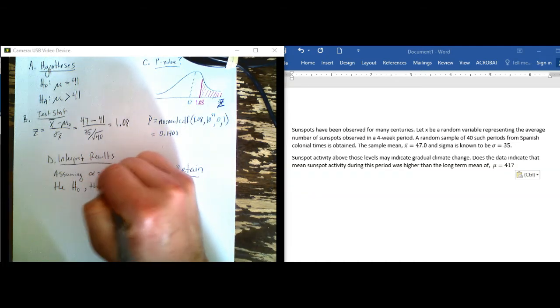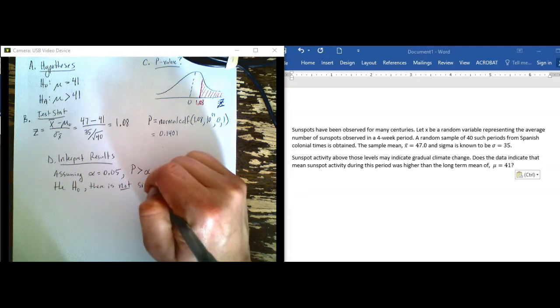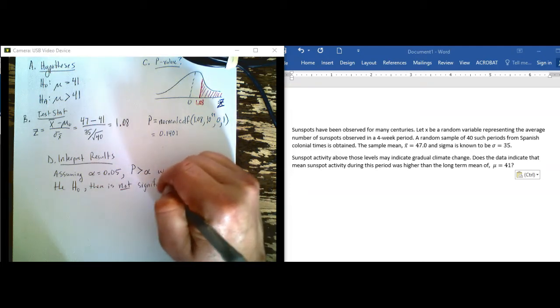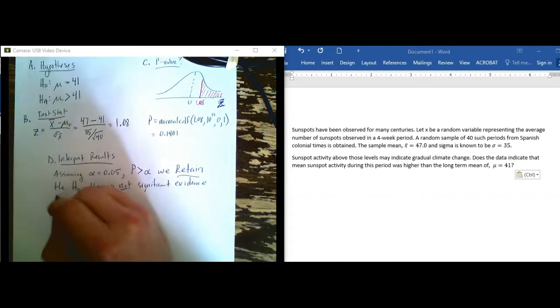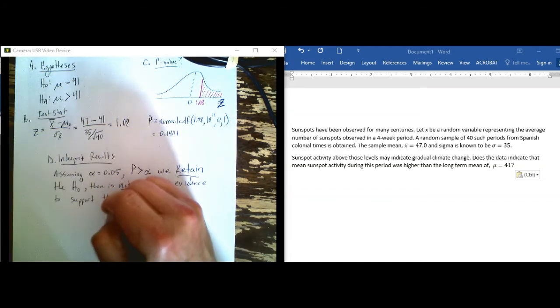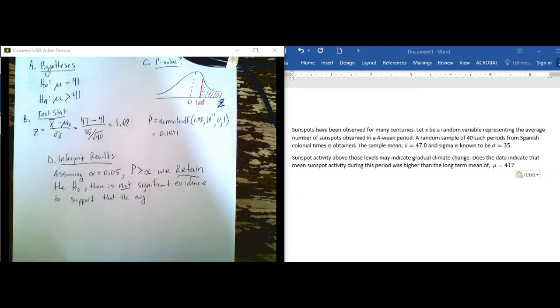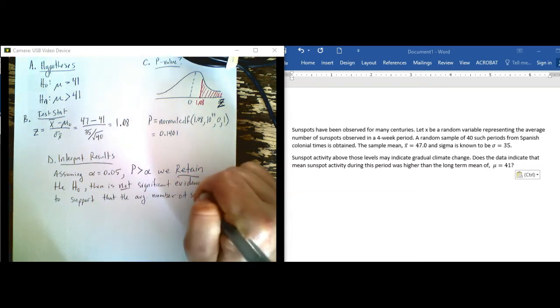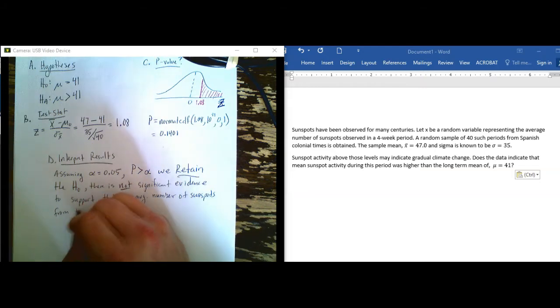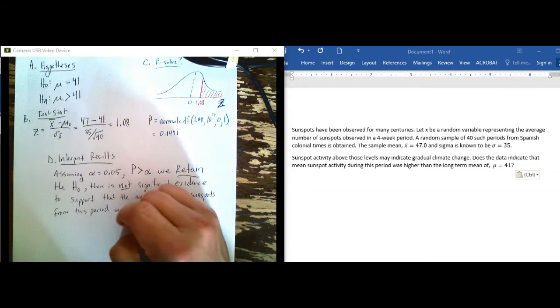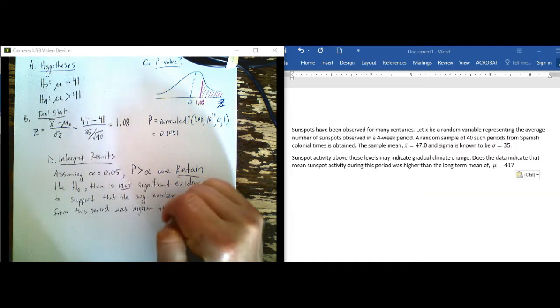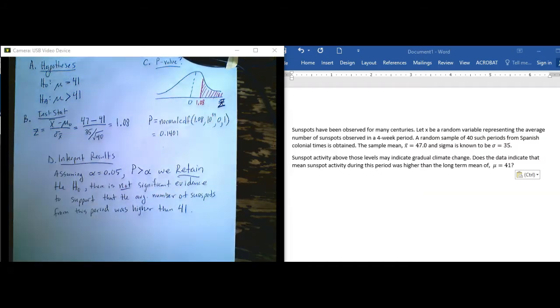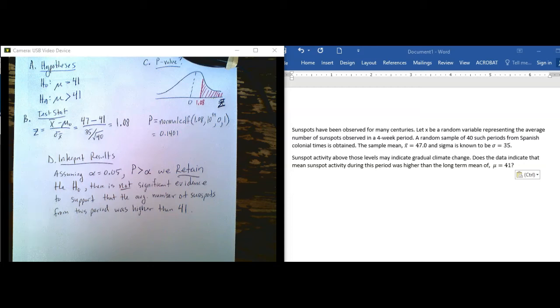There is not significant evidence to support that the average number of sunspots from this period was higher than 41. All right, so you can go back to the PowerPoint. We'll deal with the situation where sigma is unknown next.